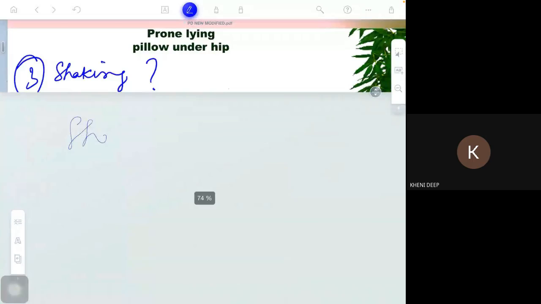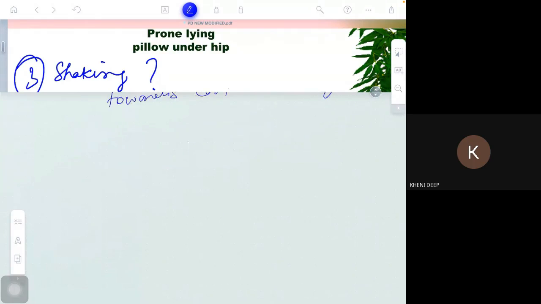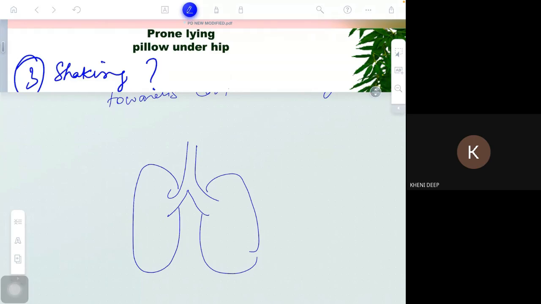Shaking is the manipulation, again I'll repeat, which brings the secretion or mucus towards the central airway. See, suppose, imagine this is the lung and here are the secretions.